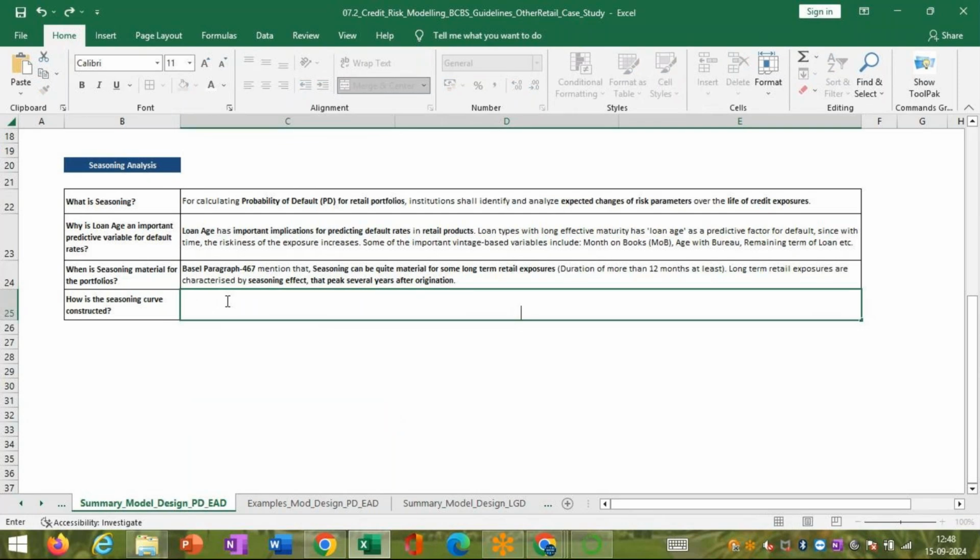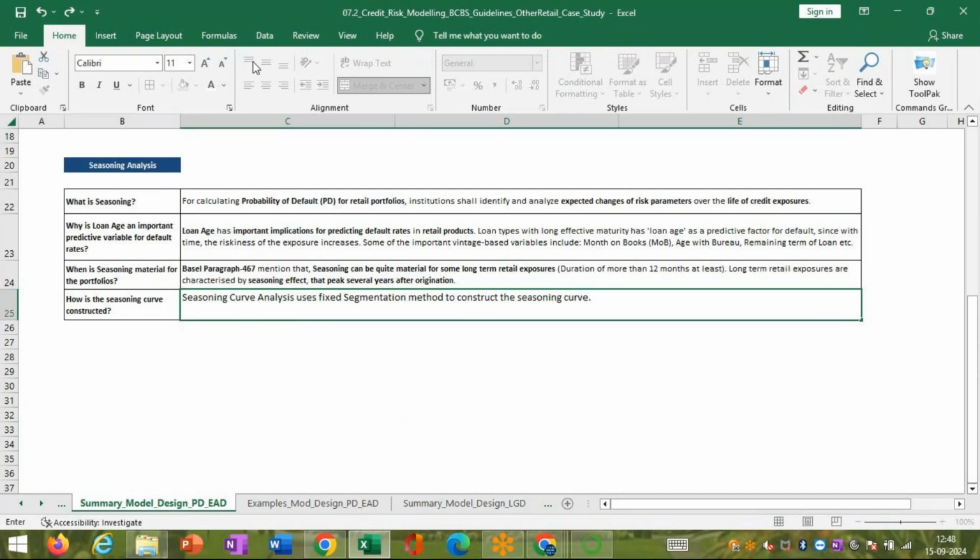The seasoning curve analysis uses the fixed segmentation method to construct the seasoning curve.